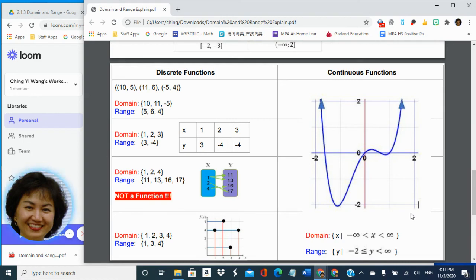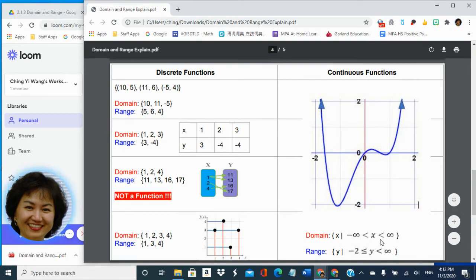I want to remind you one more time, whenever there is an infinity involved, you can never put equal there, because nobody knows where infinity is. So whenever you want to describe the infinity, you cannot put an equal to an infinity. So there is no equal sign here.